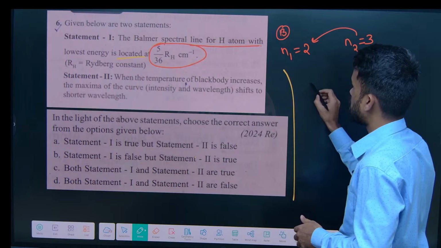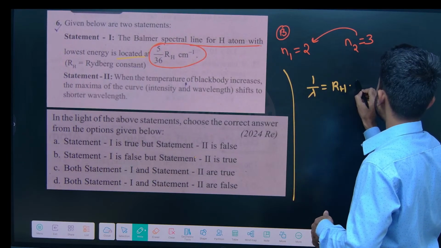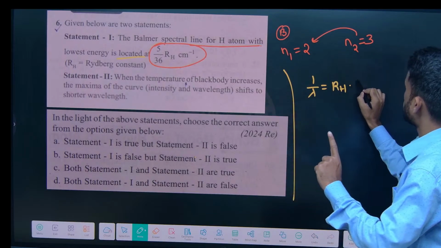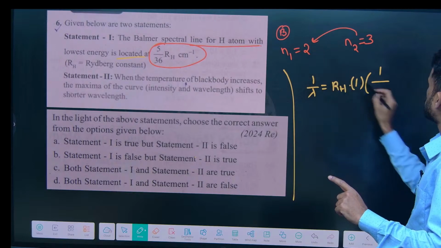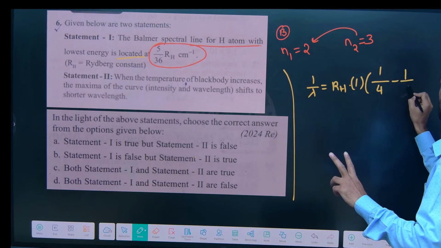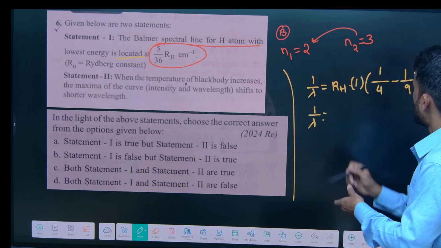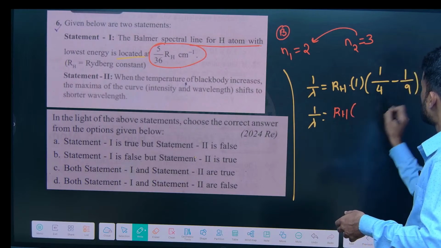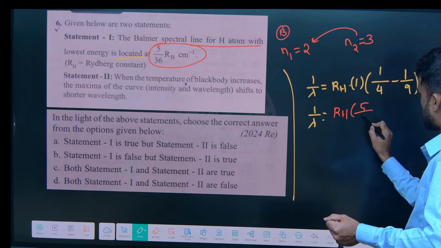So now take the formula 1 by lambda equals RH Z square, that is hydrogen atom, so Z is 1. 1 square is 1. And 1 by N1 square, 2 square is 4, 1 by N2 square is 9. 1 by lambda equals RH times 9 minus 4, that is 5, by 4 into 9 is 36.